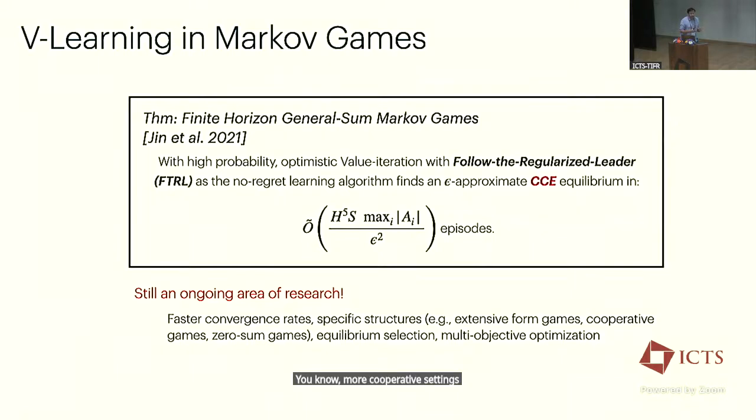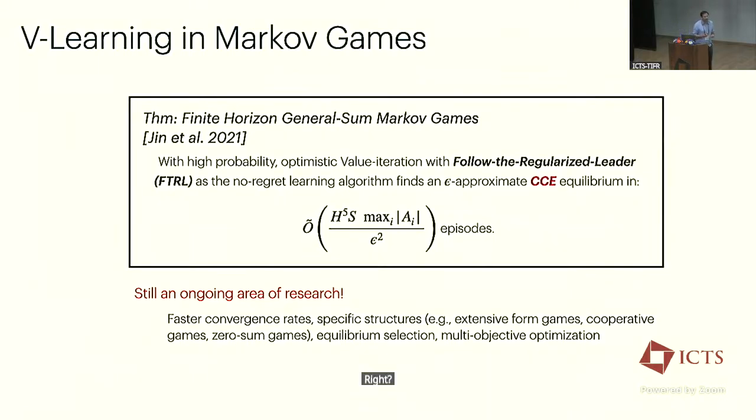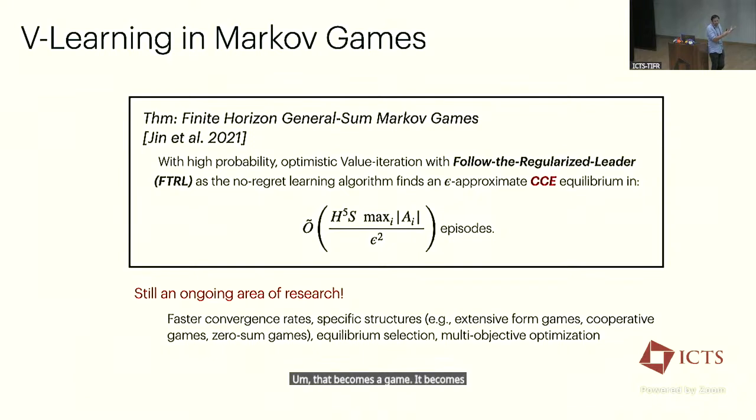Those look like maybe decentralized control of energy systems, right? Each node is locally optimizing its reward, but it's linked to other nodes through the network. That becomes a kind of cooperative game, but a lot of these ideas apply. So, anywhere from network games to robotics and control, a lot of these ideas I think would be very useful.